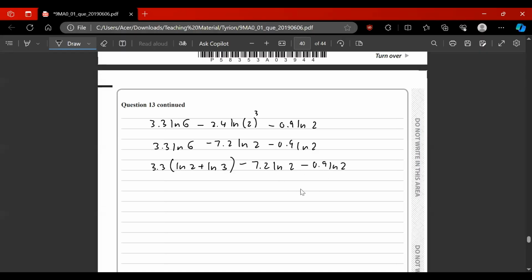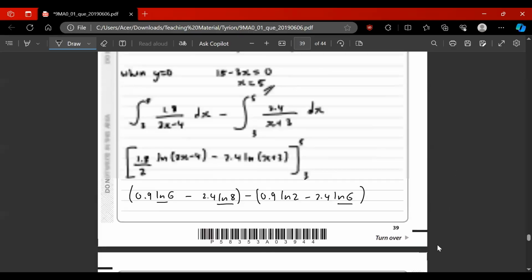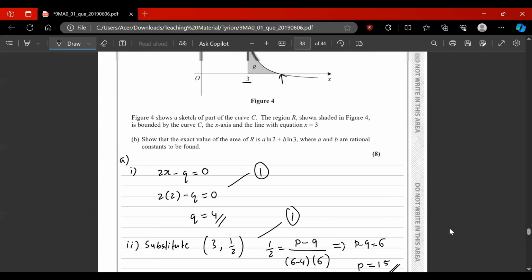So you can now simplify all of this, and your final answer here should be 3.3 ln 3 minus 4.8 ln 2. And therefore, you will get a is equal to minus 4.8, b is equal to 3.3. That is the answer for this particular question.